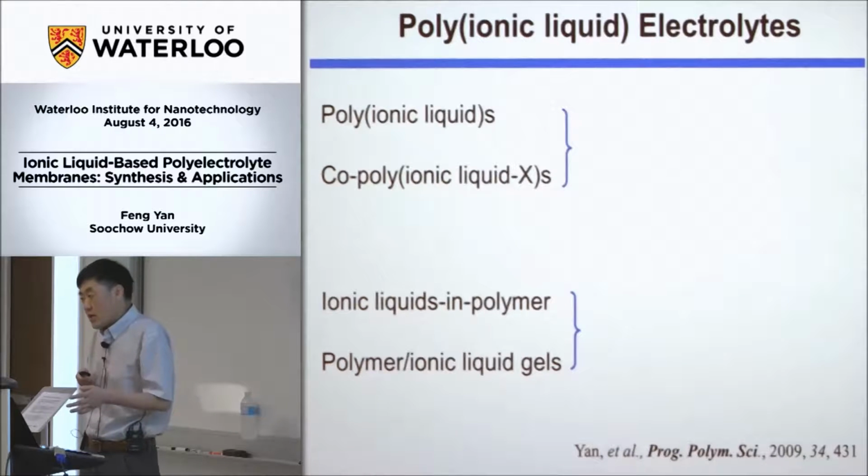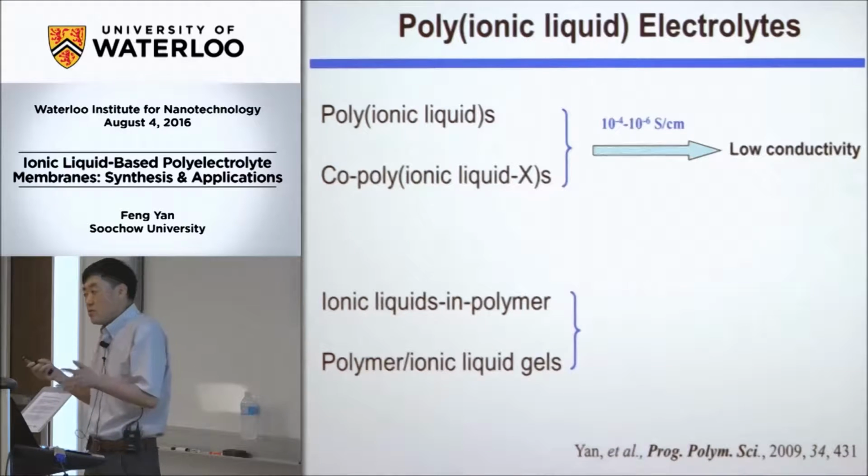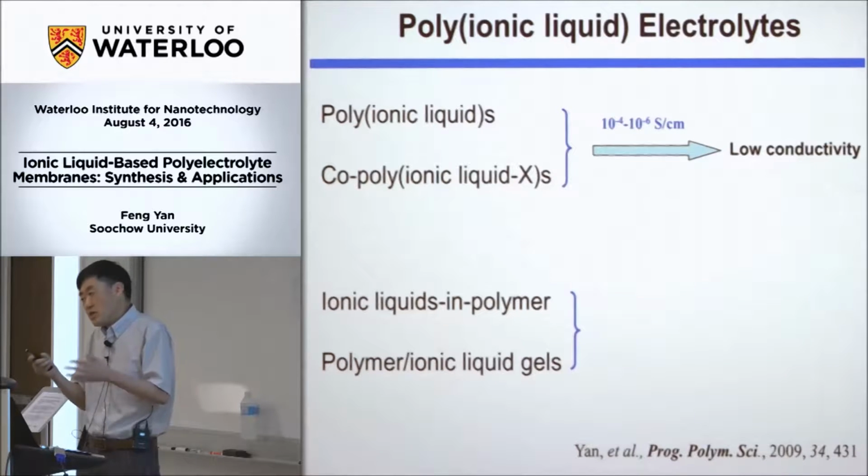But the disadvantage of this type of electrolyte is that the conductivity is quite low, because the cations or anions are fixed by the main chain.